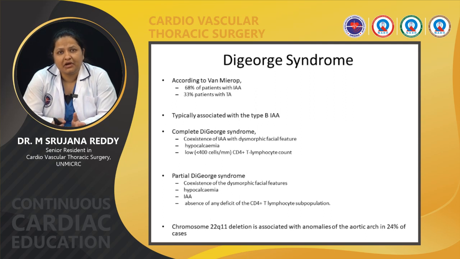There is complete and partial DiGeorge syndrome with a difference of presence or absence of CD4 lymphocyte abnormalities. Otherwise, both the patients have interrupted arch, hypocalcemia and dysmorphic facies. Commonly, chromosome 22q11 deletion is associated in 24% of these patients.